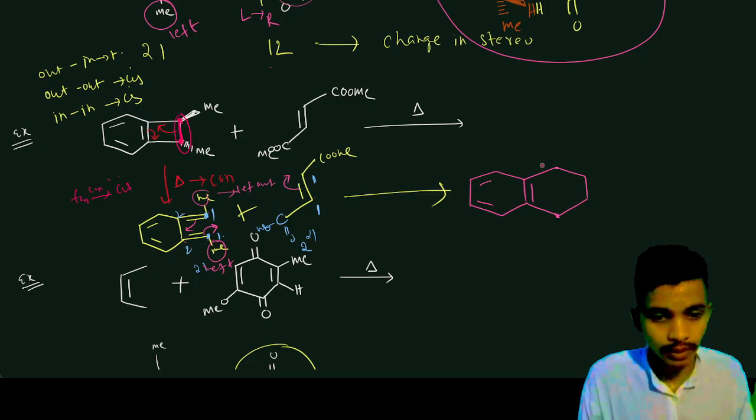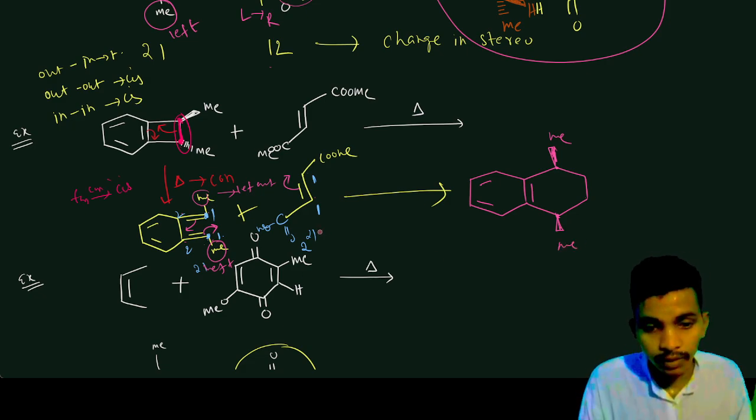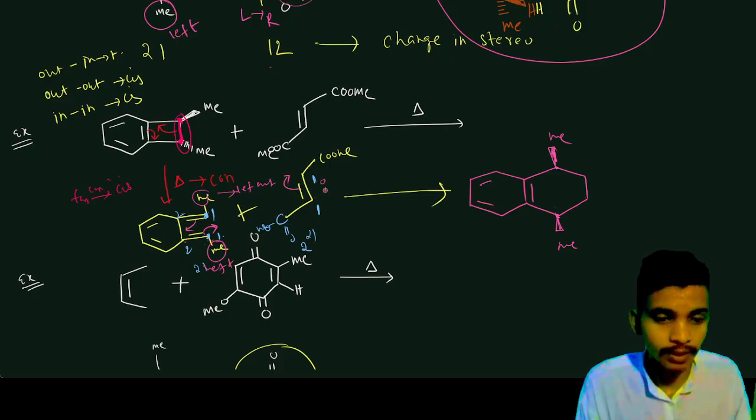Then what we see is, let's say I am putting this one in this way, as the wedge, here methyl is there, here methyl is there. If you are standing here, then this side is going to be your left, and this is going to be your right.